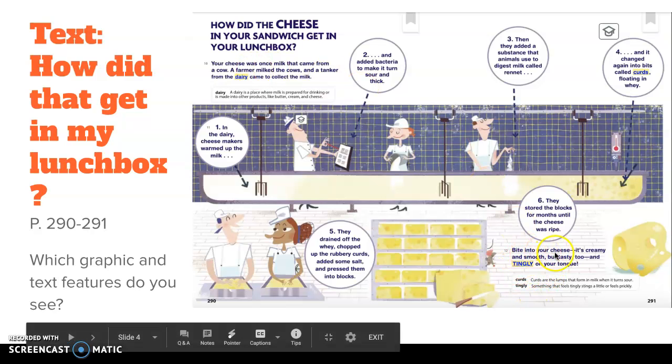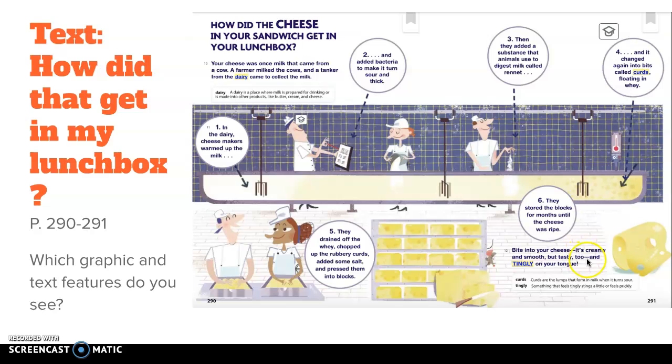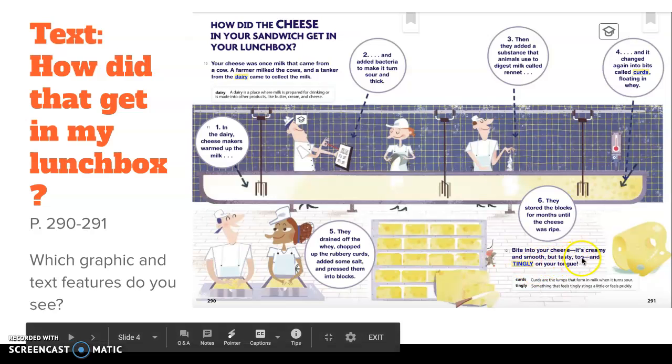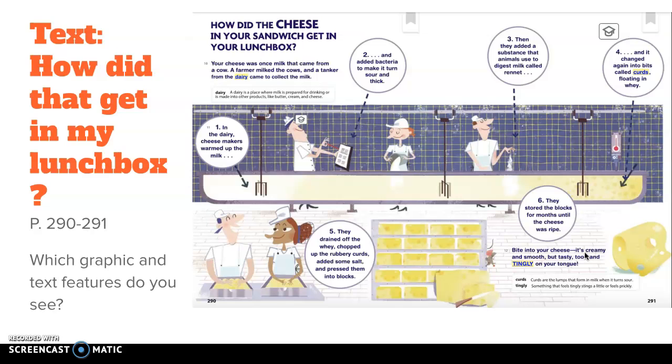So here it says, bite into your cheese. It's creamy and smooth, but also tasty and tingly on your tongue. This paragraph uses the em dash. We kind of read those as pauses because it's giving you a chance to consider more details about what it says before.